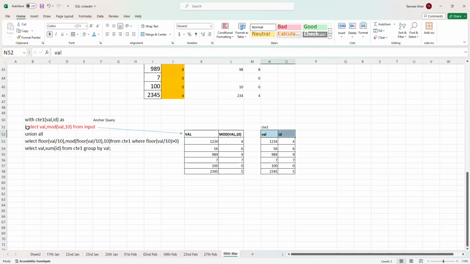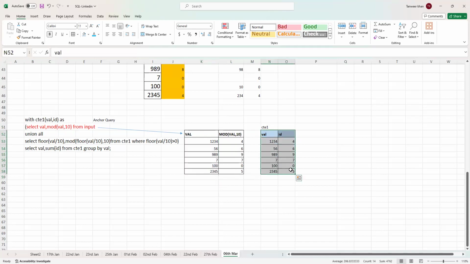So if I'm standing at row number 51, and someone asks me what you have done so far, nothing, I have just extracted the unit place digit and saved that in the CT1 table in these columns. That's all I have done so far.